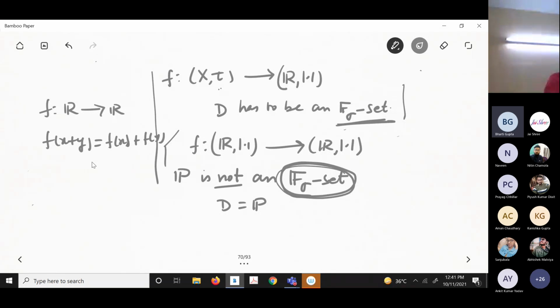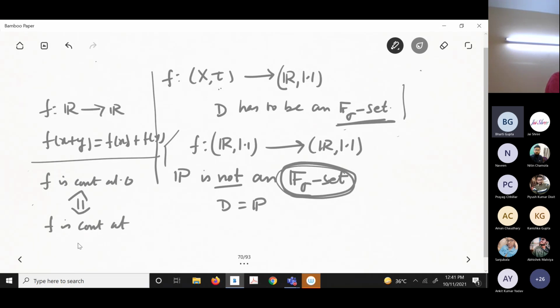Now look here, since it is additive, we can prove that if f is continuous at a point, particularly at 0, then f is continuous at any other point.